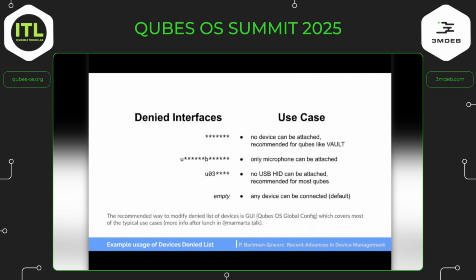So this is the reason. And the second reason that we do not use the comma separated list is that we want to keep it simple. And as I said in the line below, the recommended way to modify the denied list is to use the GUI. And if the GUI is not enough for your case, you have to think about why you use this denied interfaces.